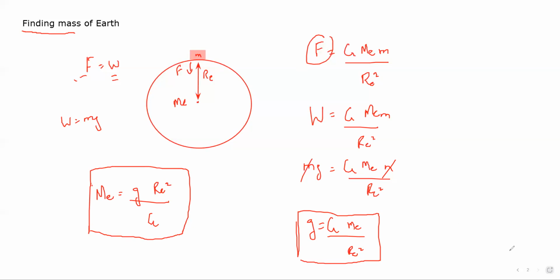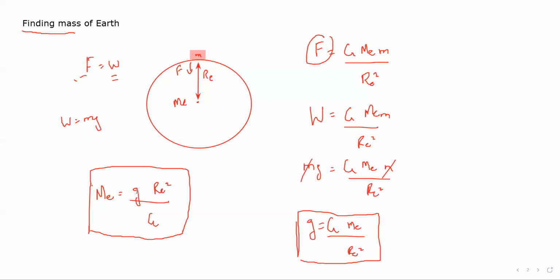In the same way, we can also find the density of the Earth. How can we find the density of Earth? We already worked out the formula that the mass of the Earth is g, radius of Earth square divided by capital G. Small g is the acceleration due to gravity, and capital G is the gravitational constant.